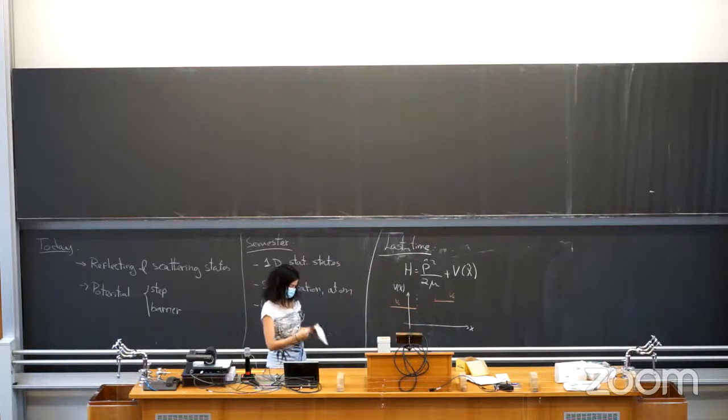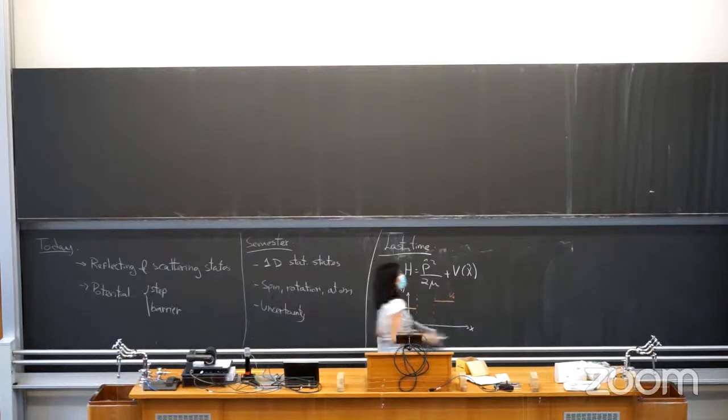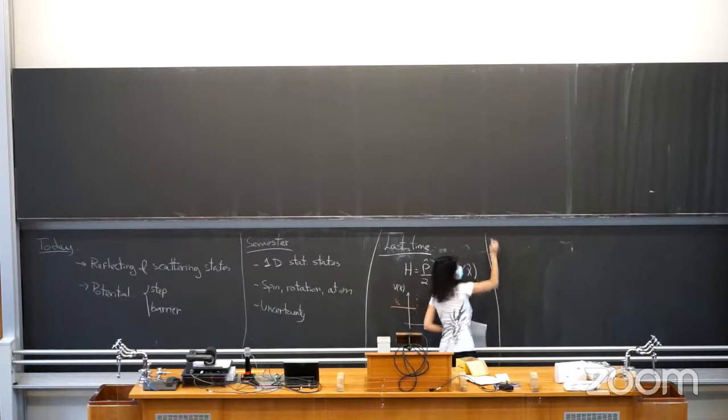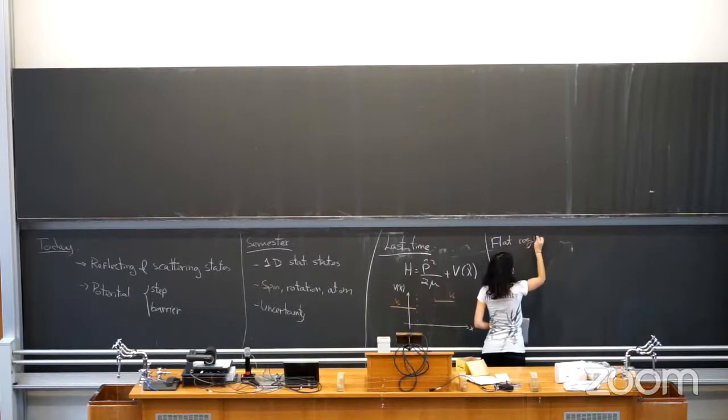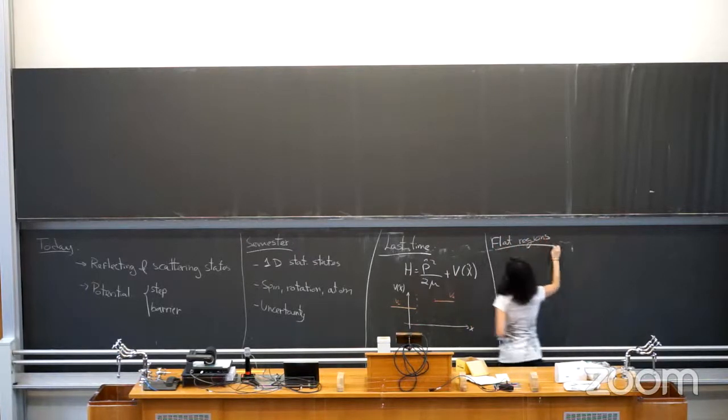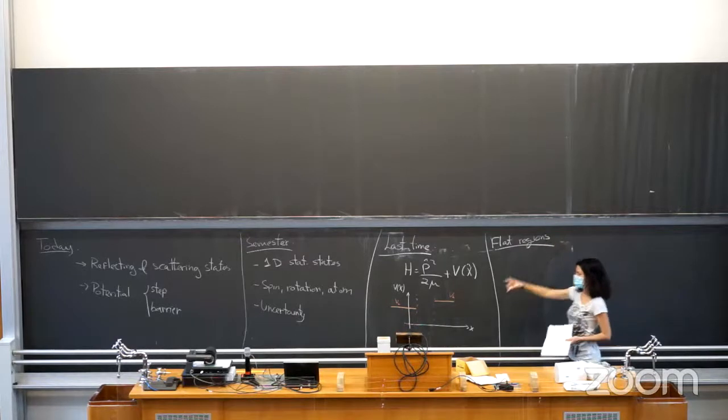So for the flat zones, remember, these are energy eigenstates, so we have two options: either the energy is higher than the potential or lower.